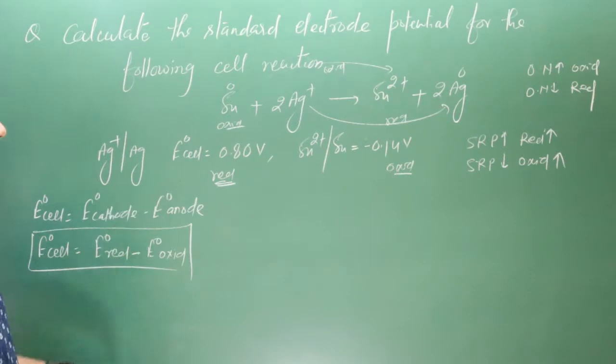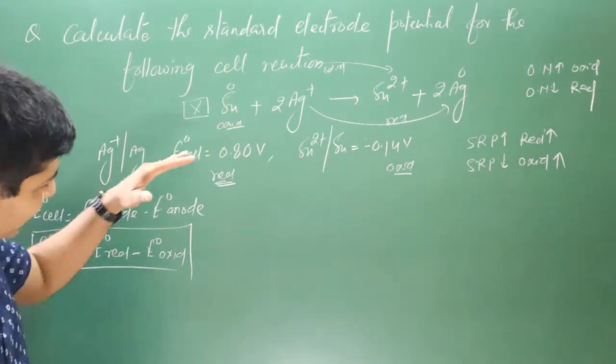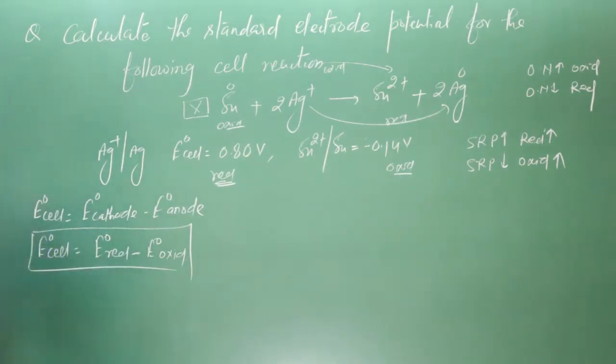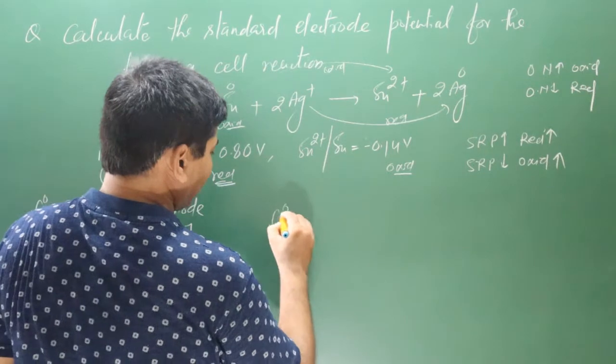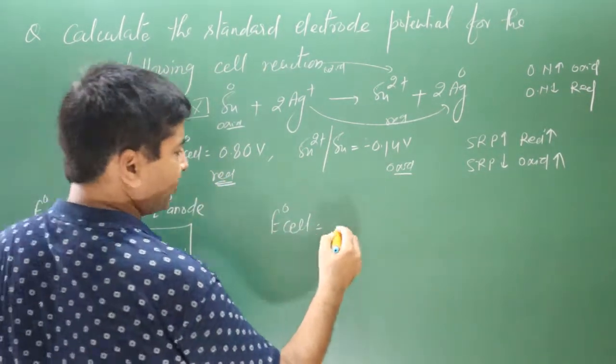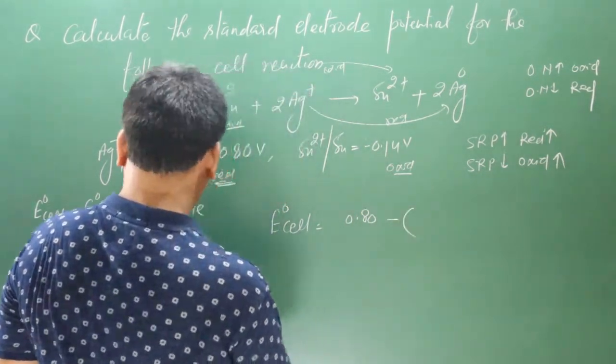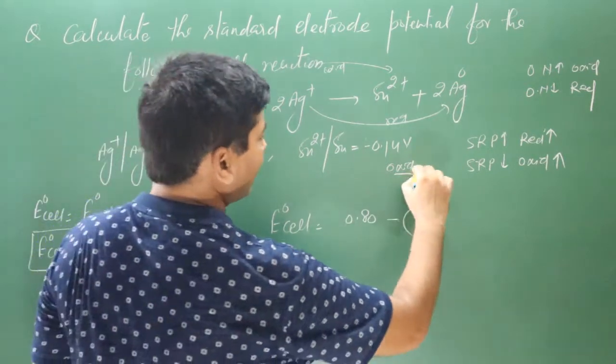Okay, so even if this chemical reaction is not given in the question, by using this data we can calculate standard electrode potential. Apply the formula: E naught cell is equal to E naught reduction, which is 0.80, minus E naught oxidation. E naught oxidation is what?